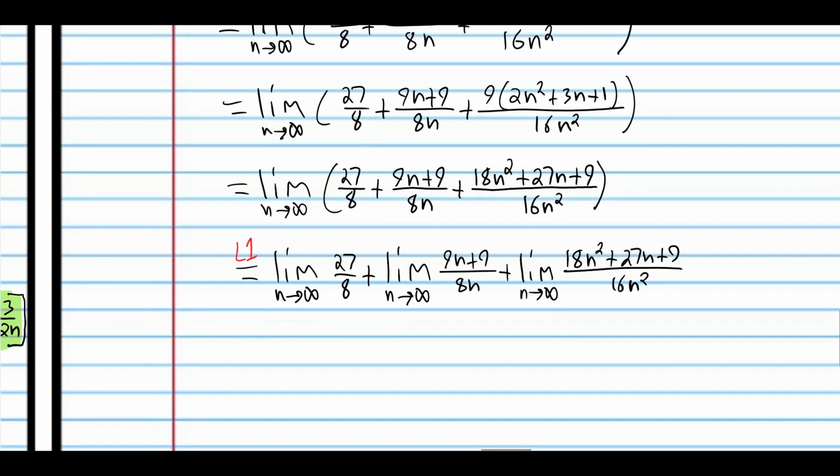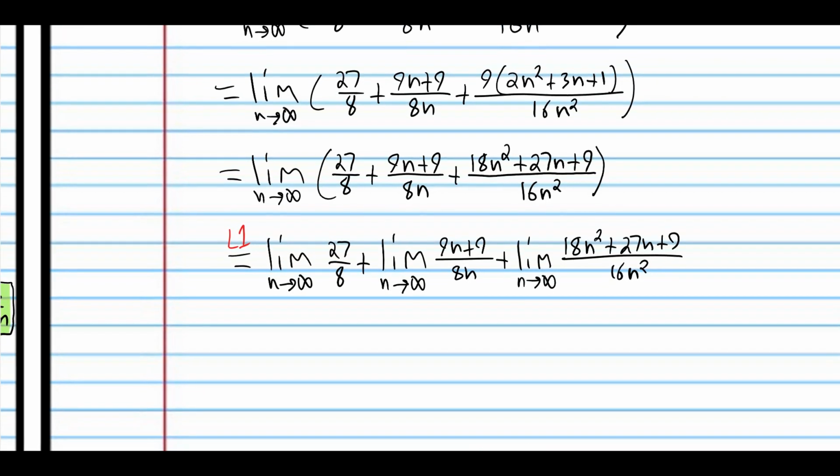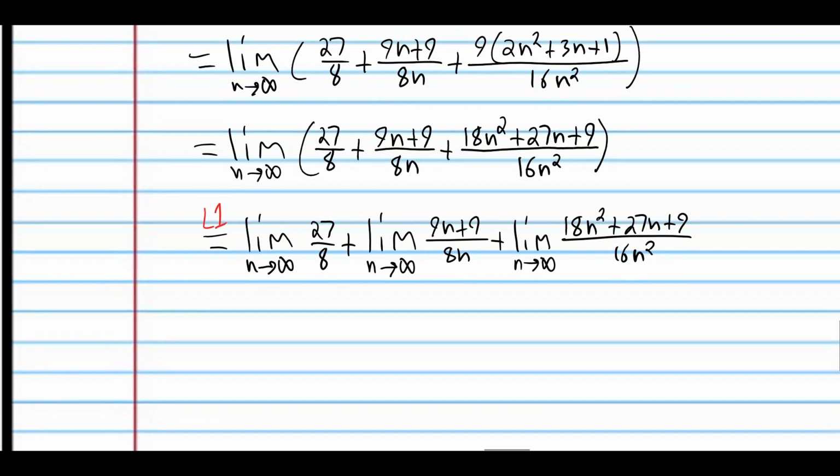So what happens to these expressions as n approaches infinity? Well, here we just have a constant, so that is limit law number 6. That's just going to be 27 over 8. And then here we have a rational expression, and notice that the degree of the polynomial in the numerator is equal to the degree of the polynomial in the denominator.